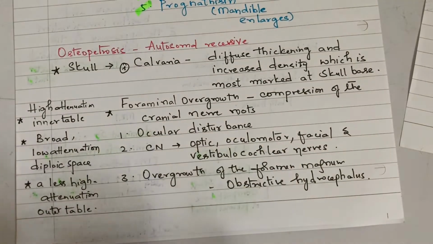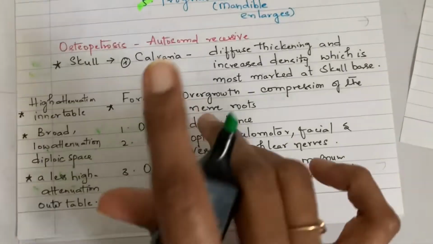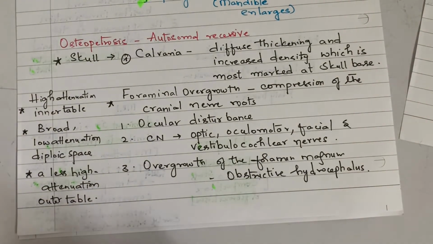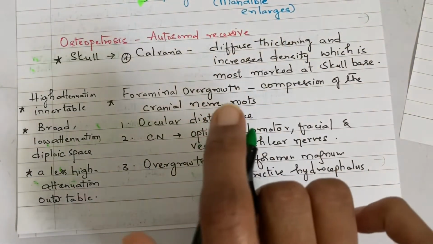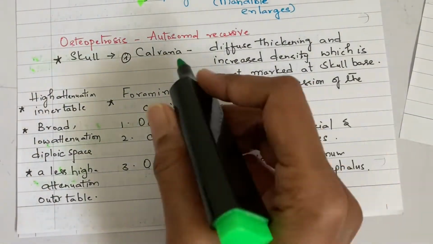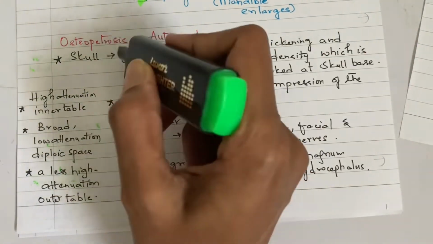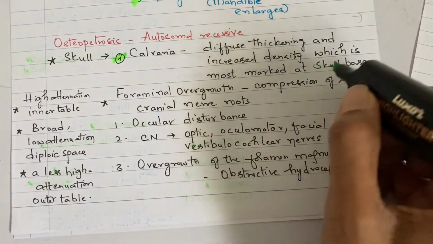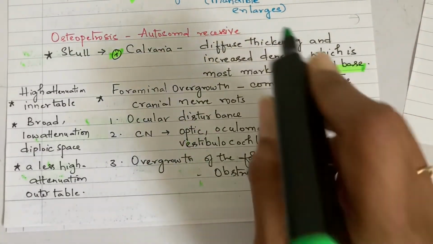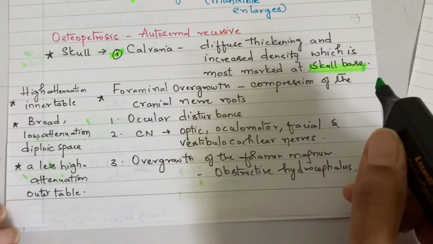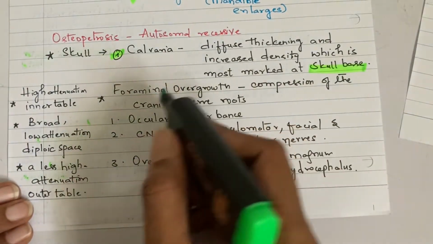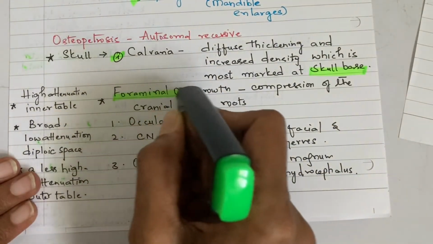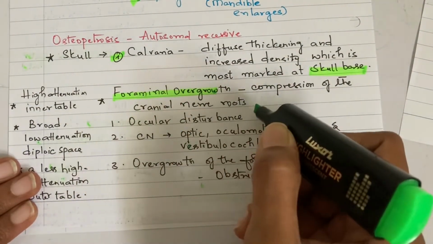Coming to skull findings in osteopetrosis. We have autosomal dominant and autosomal recessive variants. The autosomal recessive occurs in infants. How does the skull appear in them? In the calvaria there will be diffuse thickening and increased density, most commonly involving the skull base. Due to the involvement of the skull base, there will be foraminal overgrowth, leading to compression of the cranial nerve roots.